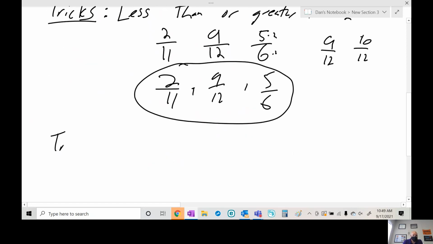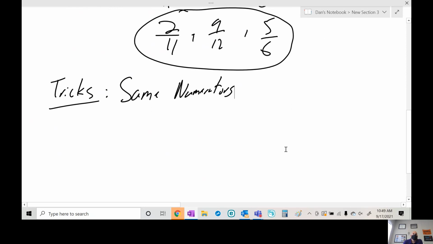Here's another trick. If they have the same numerator, normally common denominators works, but common numerators work as well. If they have the same numerator, then it's like backwards.